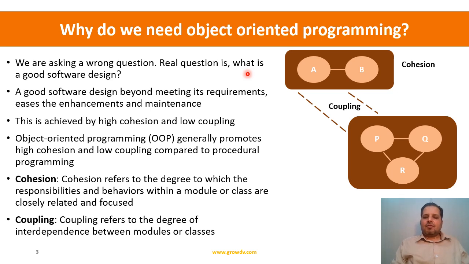And if we ask what a good software design really is, it is something that not only meets its primary functional requirements but also eases enhancement and maintenance. Unlike creating a structure, let's say a building, which we plan once, build, and then forget for years together, software is mostly a living entity that undergoes constant change in one form or another.